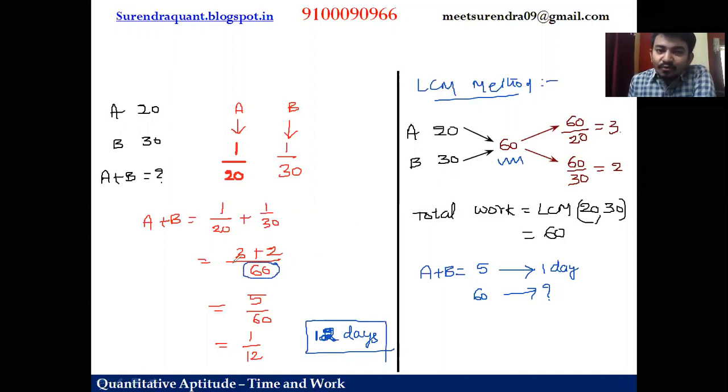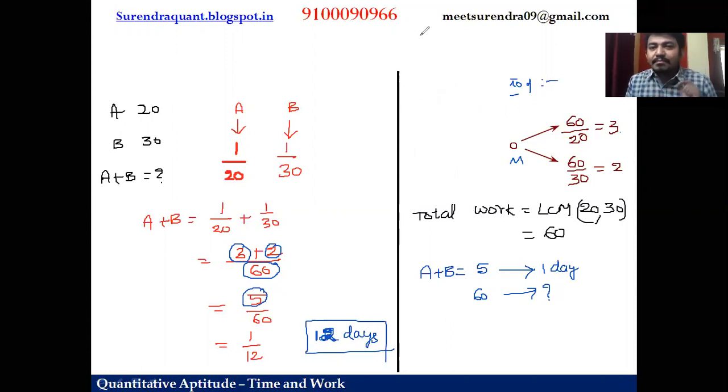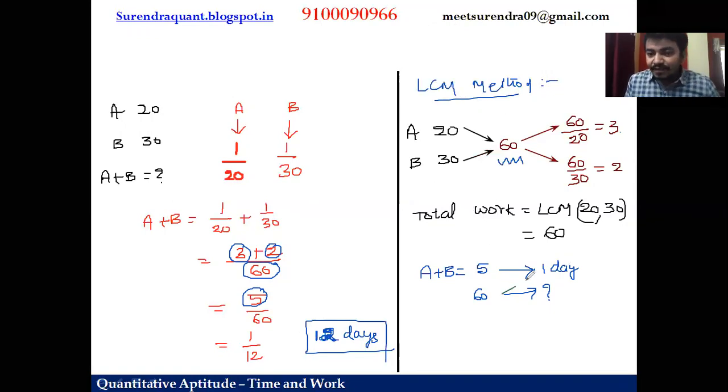This 3 is 1 day work of A, and this 2 is 1 day work of B, and A plus B is 5 chocolates. Here 5 chocolates in 1 day, 60 chocolates in how many days? They are pretty much the same, guys, but the only thing is the way of expressing is different. When we cross multiply, 60 into 1 by 5, they take 12 days to finish the work. So both are the same, right?